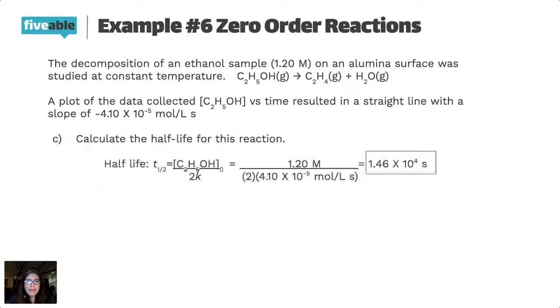And for the half-life, we are going to use the formula and substitute in it, and that's how we get the half-life. Any questions in here? The constant is always positive, even though the slope is sometimes negative.